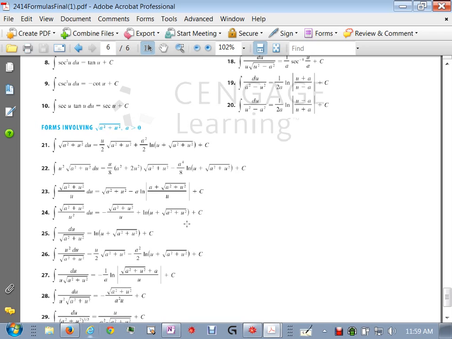Your book actually has, on the reference pages, formulas that go all the way up to 120. And when you get to reference page 9, there are some reduction formulas in here. But there's no sense in having a book full of integral formulas, because there are lots of formulas you could generate for integrals.